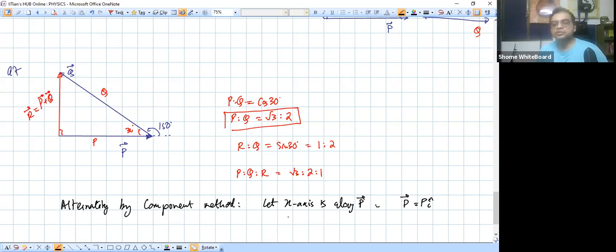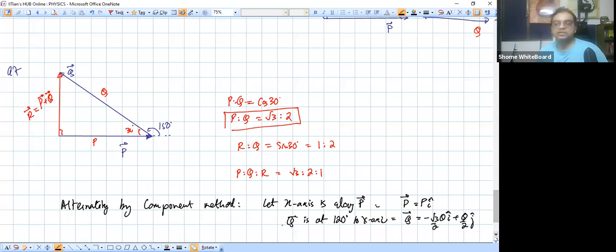Then Q is at 120 degrees to x-axis, because now I'm taking this direction only as our x-axis. So Q as a vector will become minus root 3 by 2 Q i cap plus Q by 2 j cap because of that angle 120.